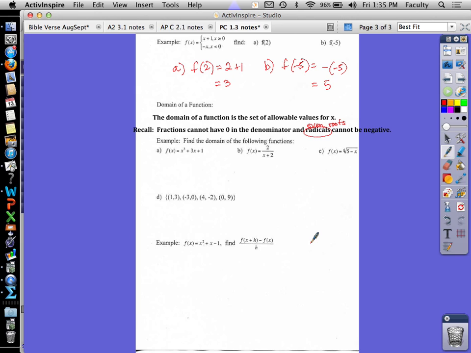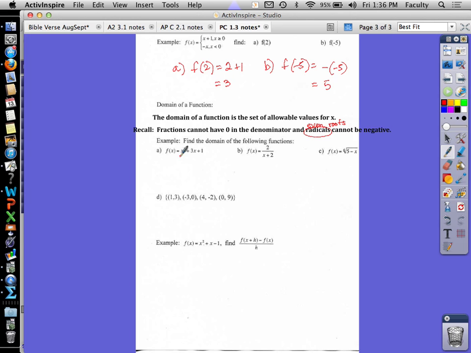Negative 1 is less than or equal to x, which is less than or equal to 1. Okay, can you explain why you chose those? Ben? Abby, what do you think? Emily? Any ideas? Rachel?